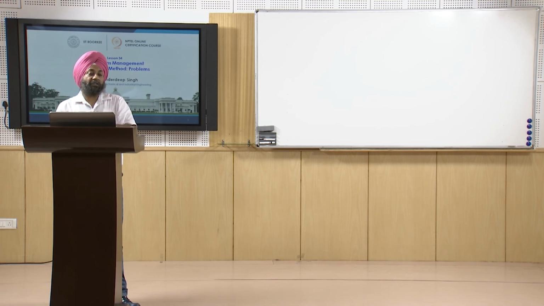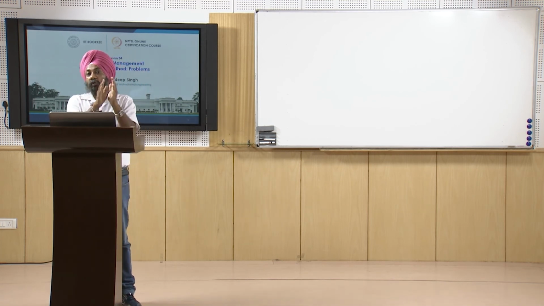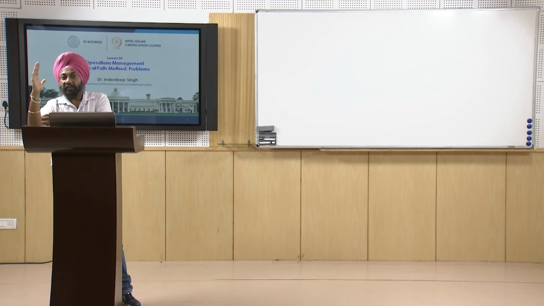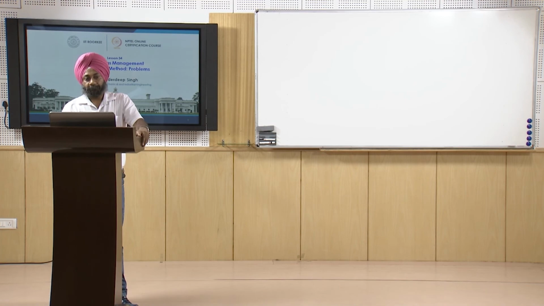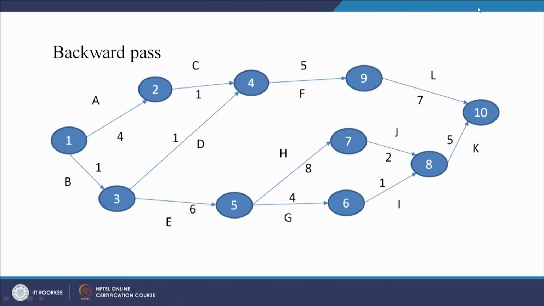Now let us try to understand first the backward pass, because we have calculated the value of TE for each node. Now we can calculate the value of TL for each node starting from the right hand side. So when we start from the right hand side or the last node, that is node number 10, here at node number 10, TE and TL will be the same.